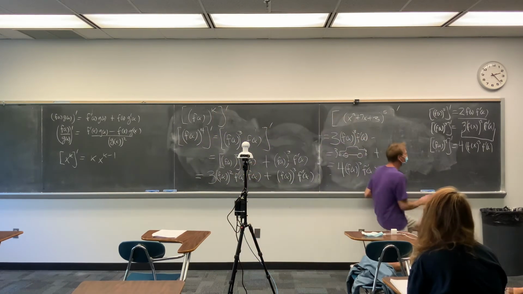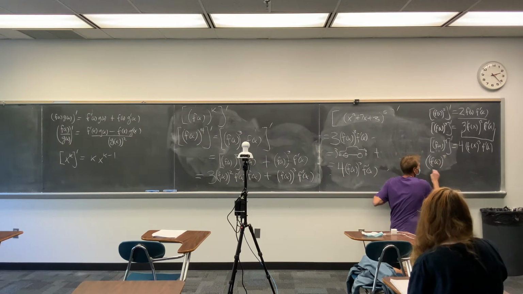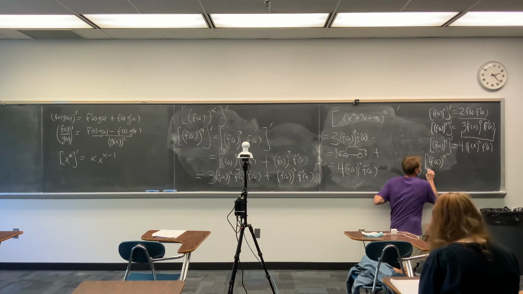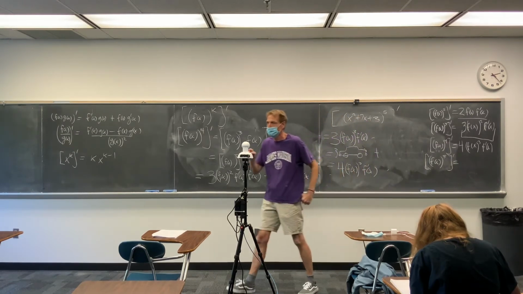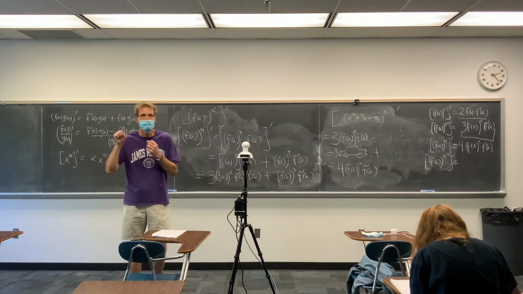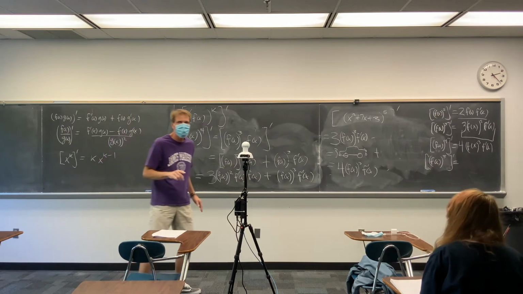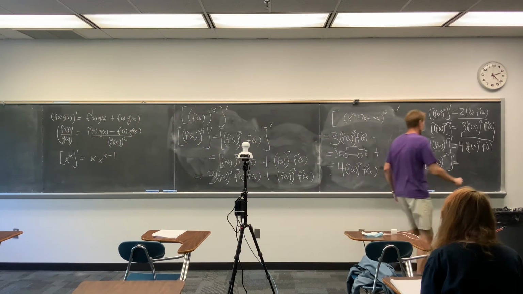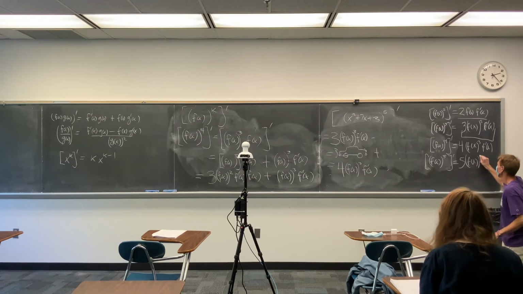If you had to guess, if we went through all the work to take the derivative of f of x to the 5th, what do you think we could show that would be equal to? If you just had to guess. 5 f of x to the 4th times f prime of x.